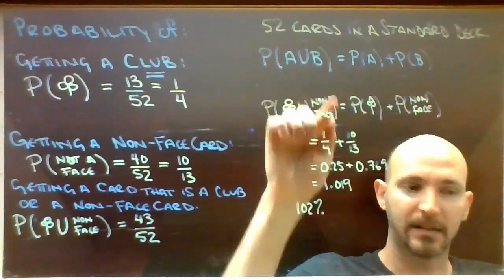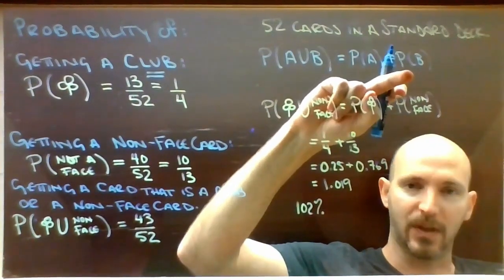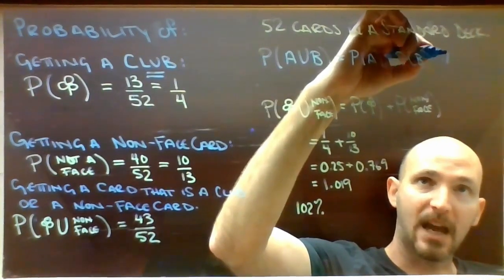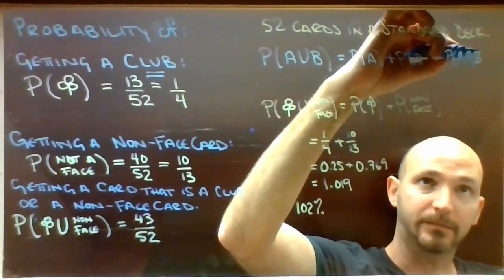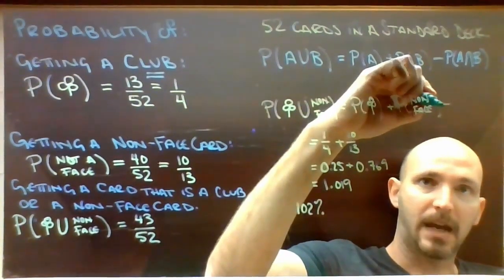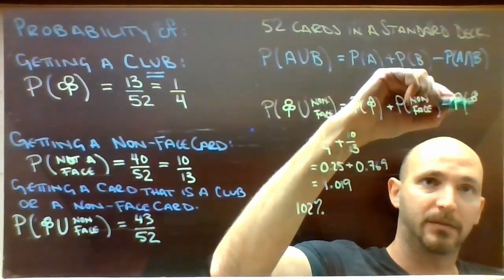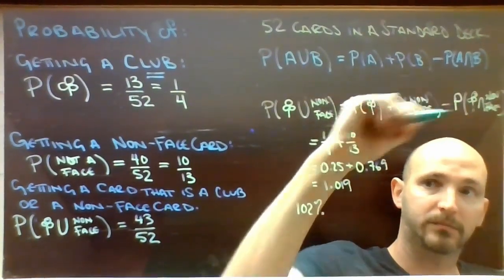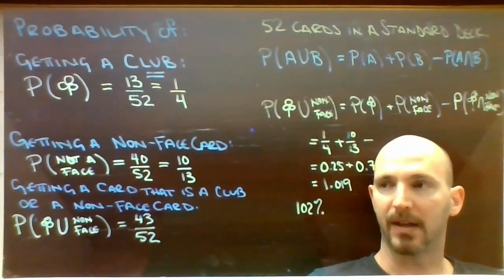So I have to correct that here. The issue was that some things fall into this and this. So in order to make the calculation work, I have to remember to take out my double counting of the ones that are in A and B. So if I were to do that, minus the probability of them being clubs and non-face. See, what was the probability of them being a club and a non-face card?